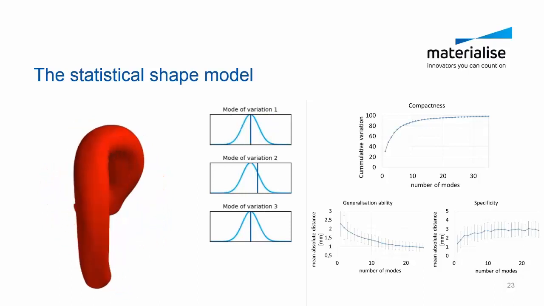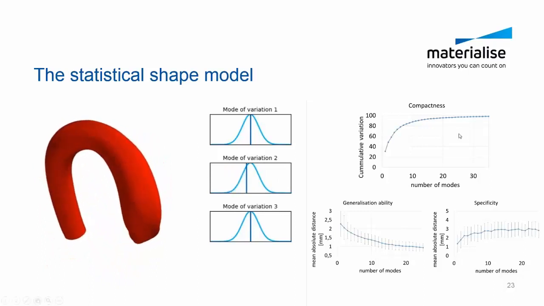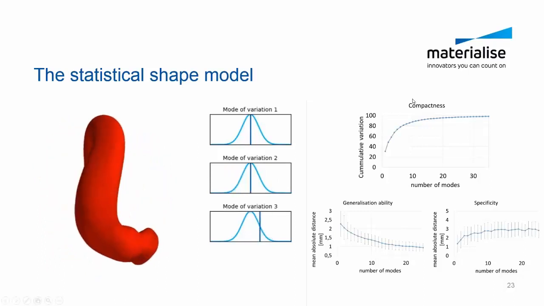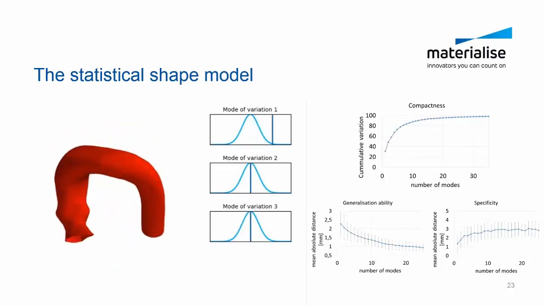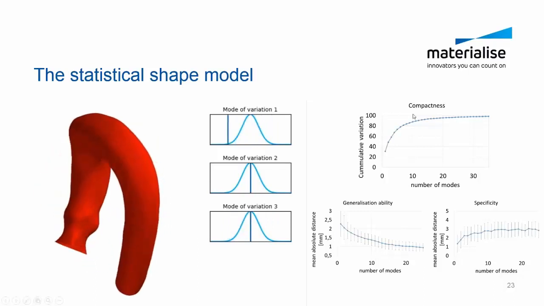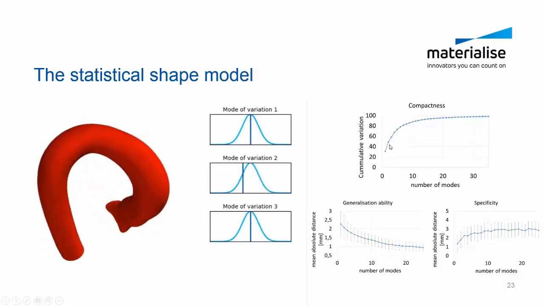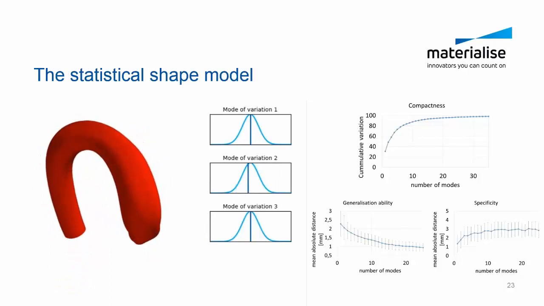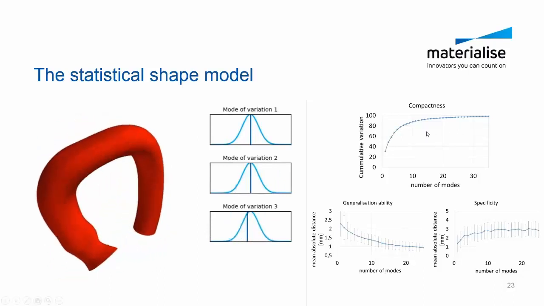What we can also derive from the SSM is some measures of its quality, of its descriptiveness of the population. So what you see here in the first graph, the compactness is how many modes you need to describe actually all of the shapes in the training set accurately.